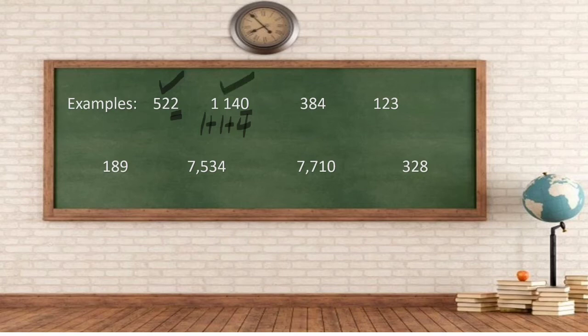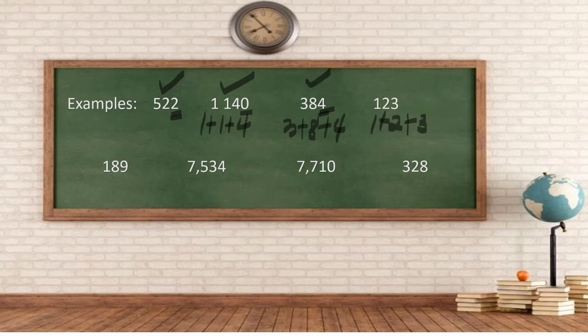How about 384? This is divisible by 2. Then 3 plus 8 plus 4 is equal to 15. This is divisible by 2 and 3. And this is also divisible by 6. How about 123? 1 plus 2 plus 3 is equal to 6.